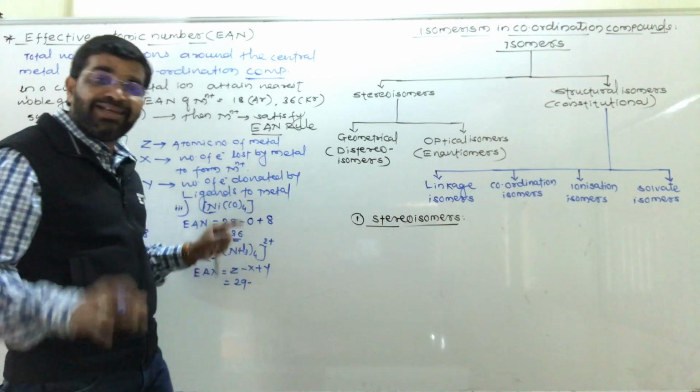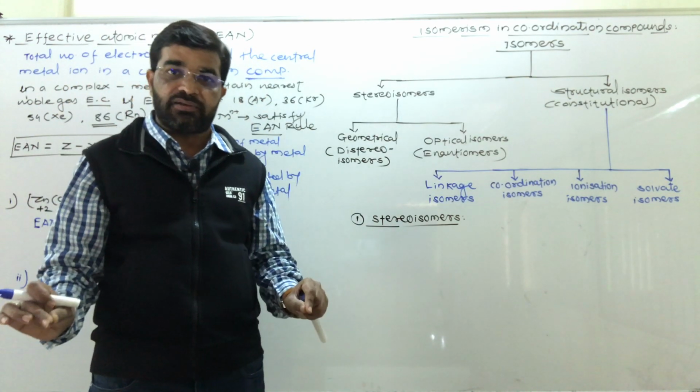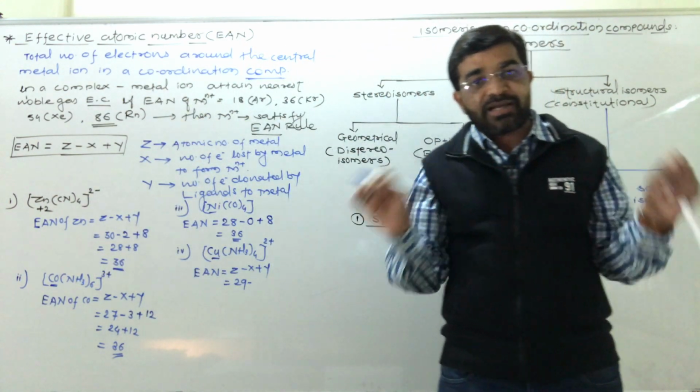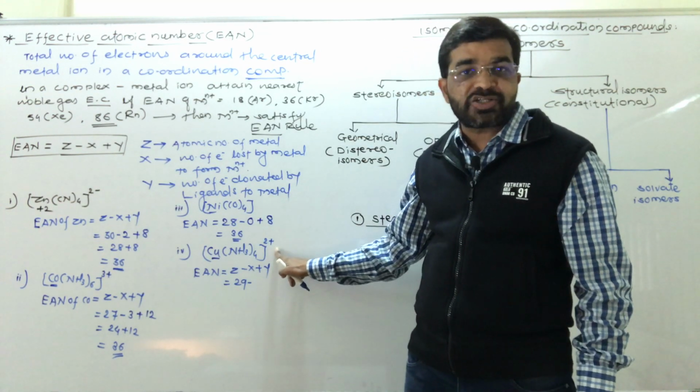Because if all ligands are neutral ligands attached to the central metal atom or ion, अगर सभी लिगैंड्स न्यूट्रल है, तो what is the charge on the coordination sphere?